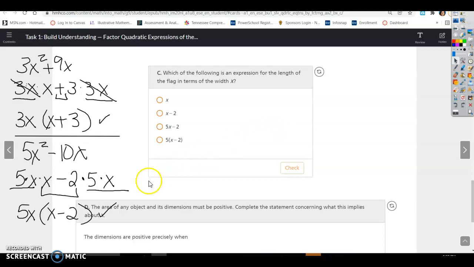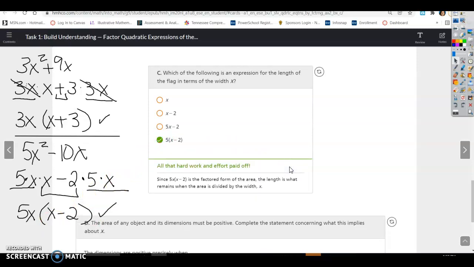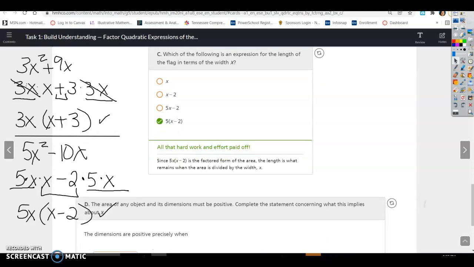So we can see that length times width would be 5x would be your length, x minus 2 would be your width. And if we're saying that the length of the flag in terms of the width, okay, if we're saying this is our width, we know that the length is 5 times that. So 5 times x minus 2 would be that expression, okay?